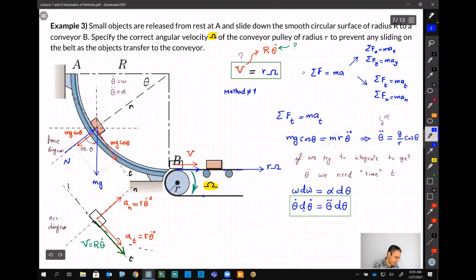I just integrate it. So the integral of theta dot d theta dot is equal to the integral of theta double dot d theta. Always the first one, the left side, is half of theta dot squared. Imagine you are doing the integral of x dx.